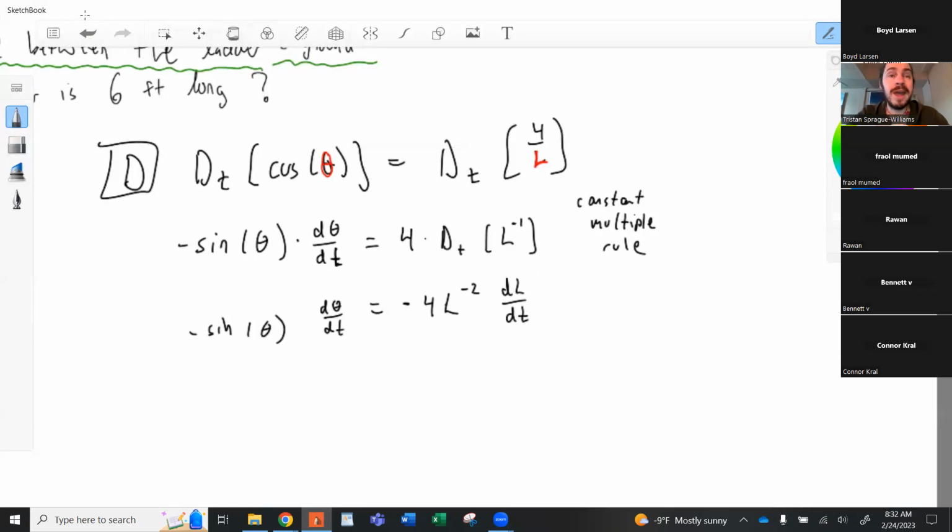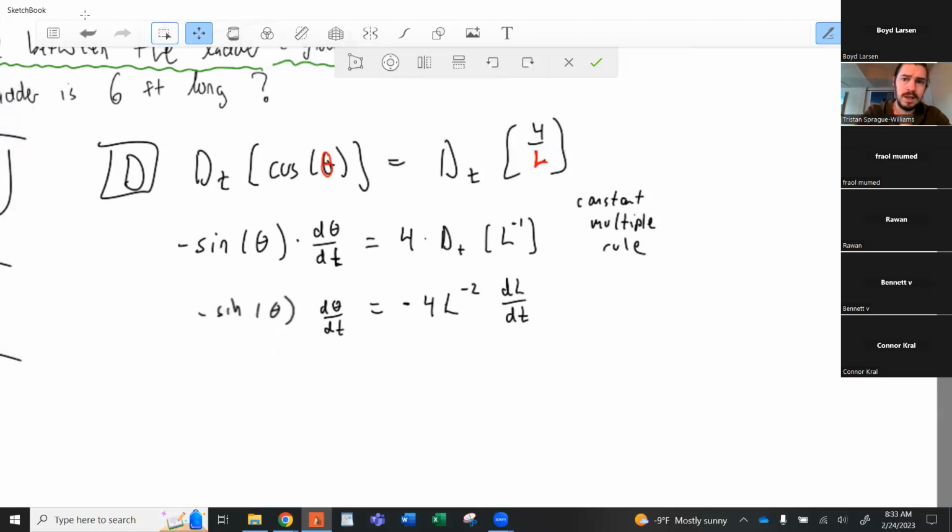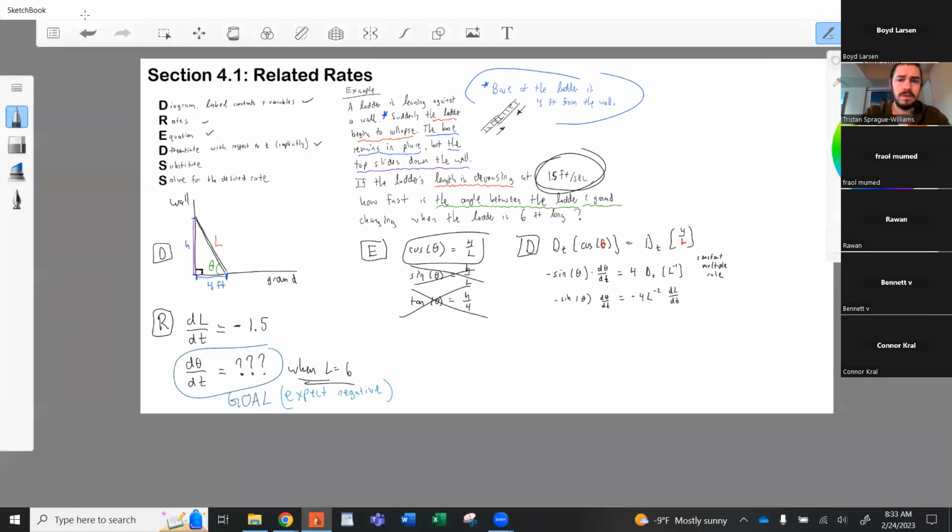All right, there we go. So now we want to solve this for, well, actually, it doesn't matter. The last 2 steps, the substituting and the solving, can be done in either order. Doesn't really matter. So S and S is substitute and solve.